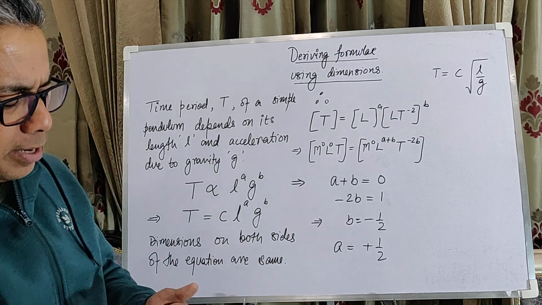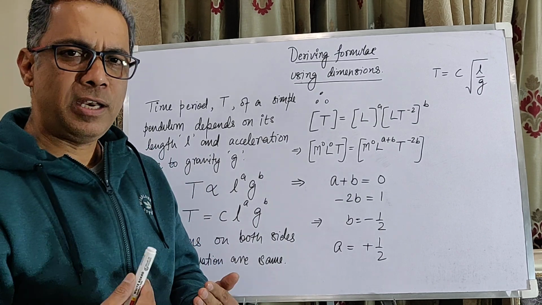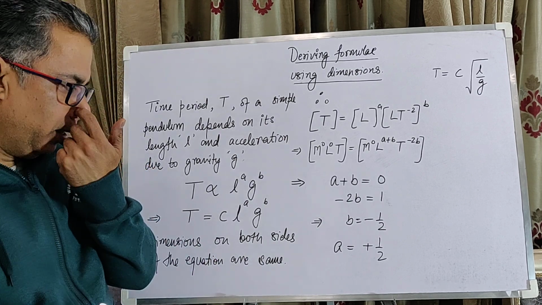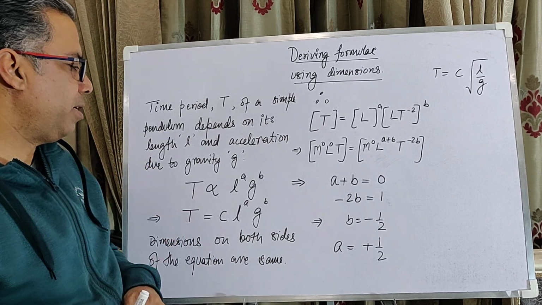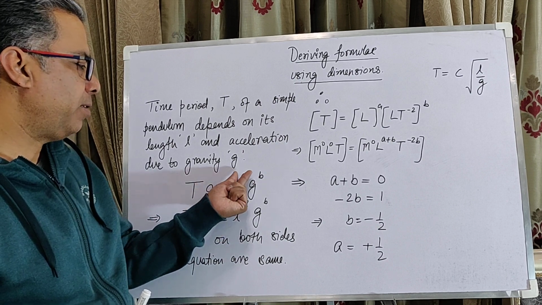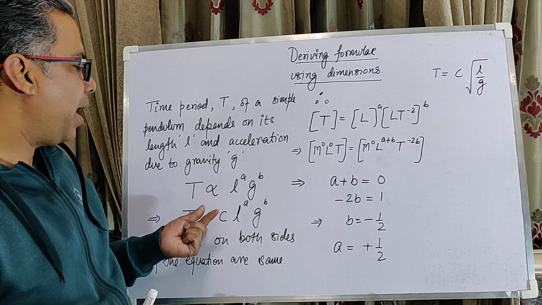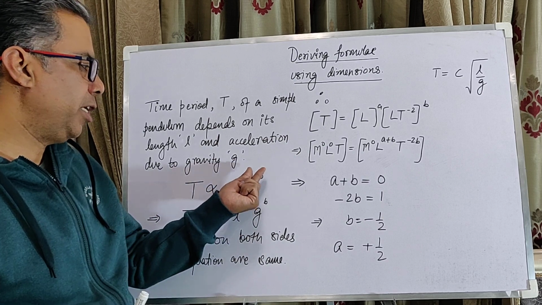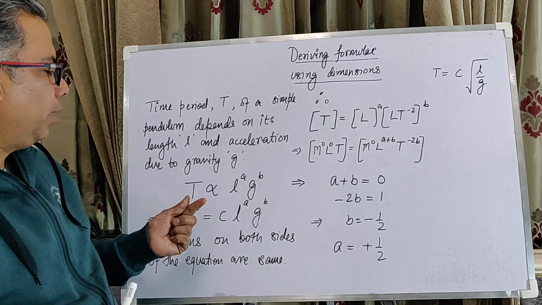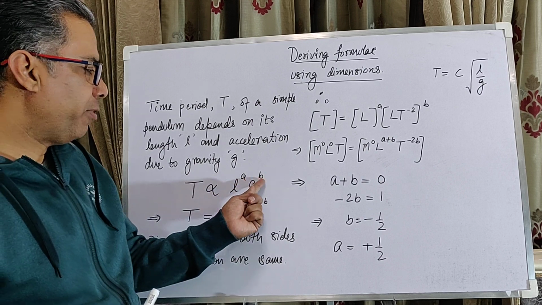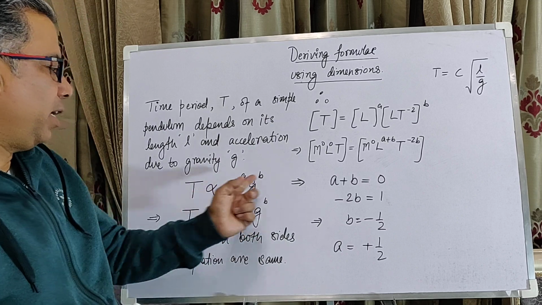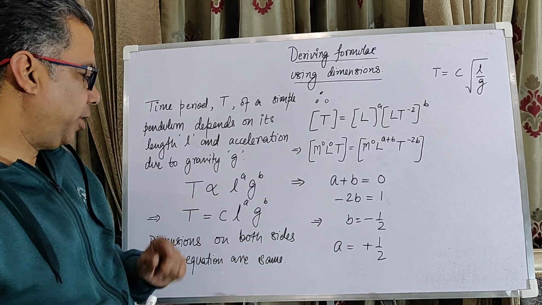We'll be trying to determine the exact nature of this dependence, and so we assume that the time period t is directly proportional to the length L raised to the power a and acceleration due to gravity g raised to the power b. It is the value of a and b that we have to determine, and once we have the value, we'll know the relation between t, L and g.